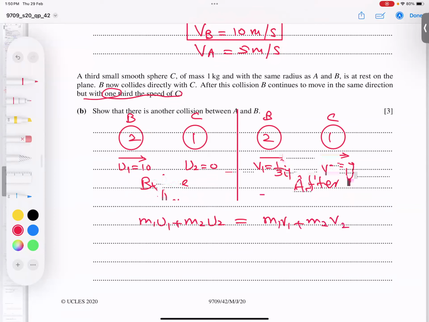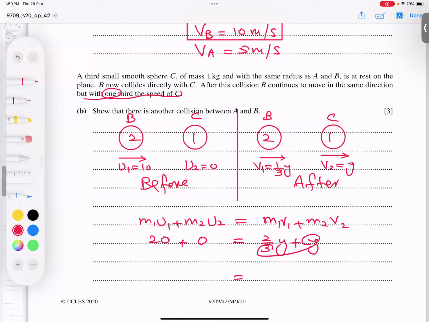Let's solve. 10 into 2 is 20, and 0 into 1 is 0. Then 2/3 of Y plus Y into 1, which is Y. Taking the LCM, 2 plus 3 gives 5, so 5 by 3 Y equals 20. So Y is 20 times 3 divided by 5, which is 4 times 3, so Y is 12.